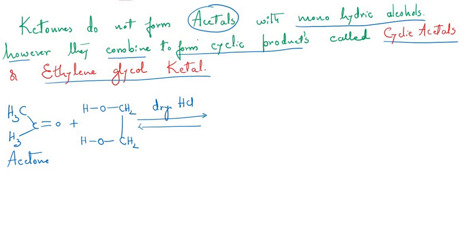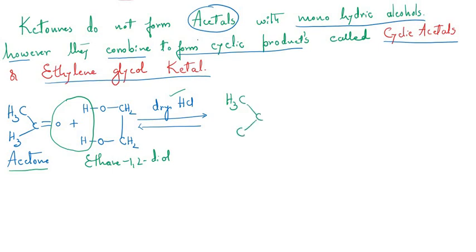So here let us take one compound, a ketone, that is acetone, and when it is treated with ethane 1,2 diol, a dihydric alcohol, in the presence of dry HCl, we can see that there is a loss of one water molecule, and we will be having the cyclic acetal: CH3, C, then followed by CH3, and this carbon is linked with oxygen, then followed by CH2, here O, then followed by CH2, and these are interconnected, plus H2O.